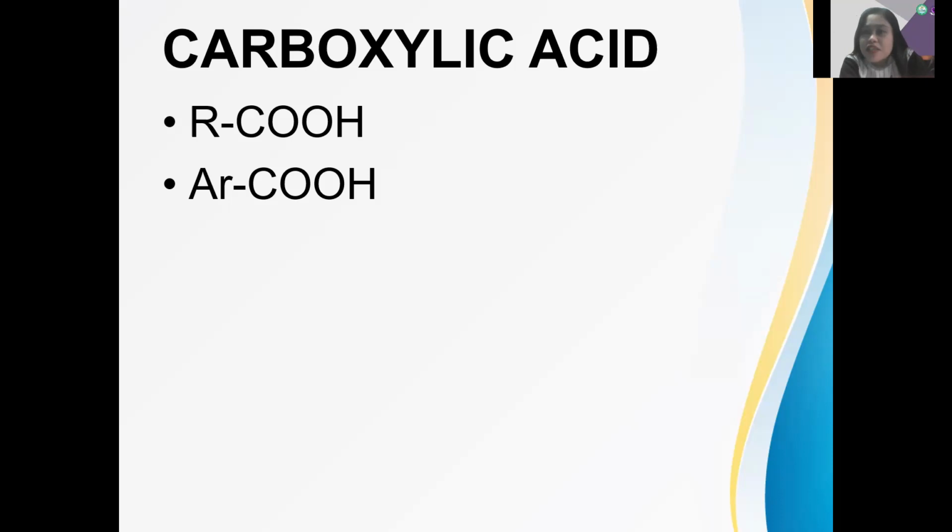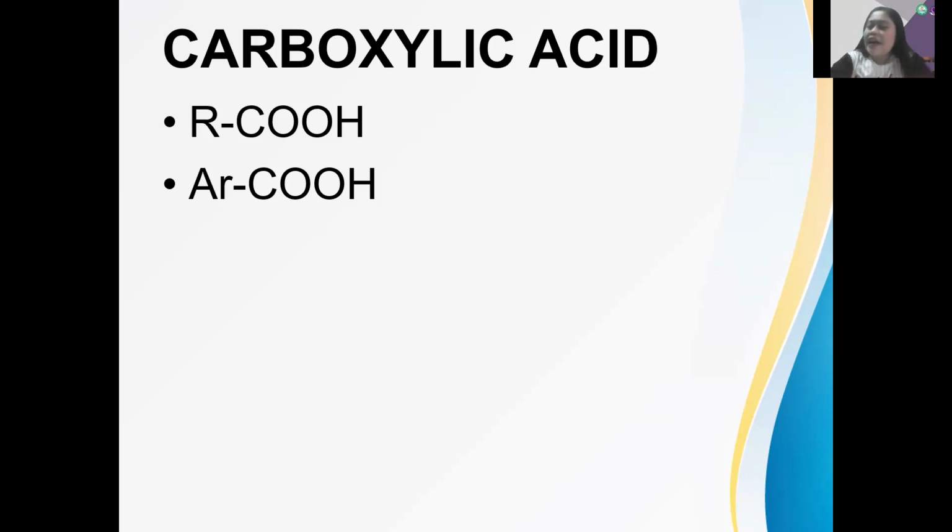However, carboxylic acids are not just linear or aliphatic, but we can also have carboxylic acids that contain an aromatic ring. So pwede din naman an aromatic ring plus a COOH that will still be under the carboxylic acids. So this functional group will be our organic acids.